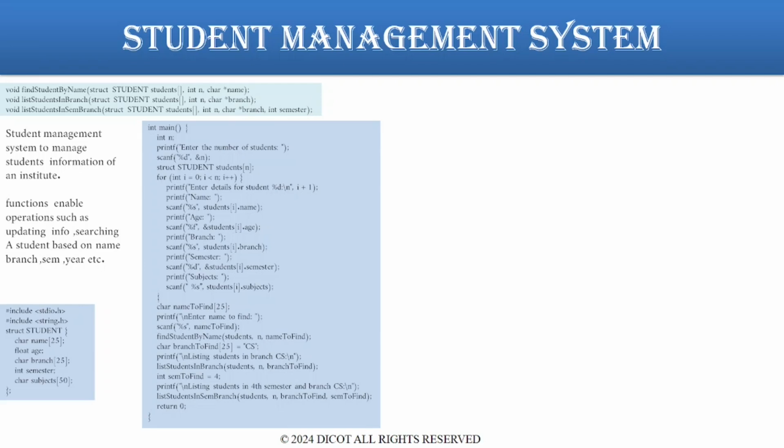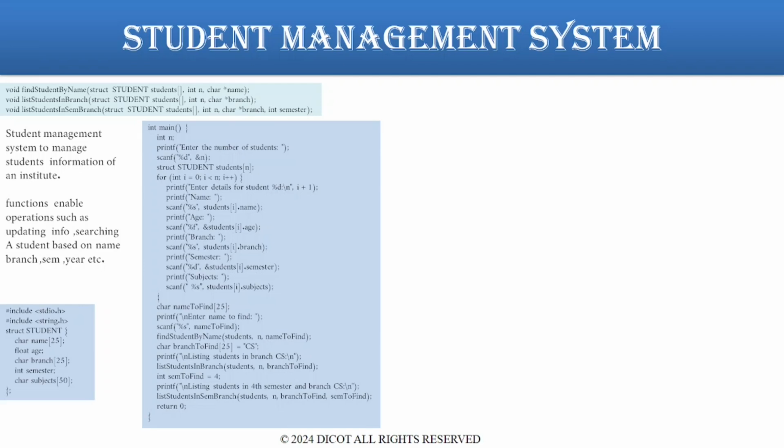Then we run the loop n number of times and initialize information for n students. We are getting details of one student at a time. The student's name, age, branch, semester, and subjects are received from the user and loaded into the members of the structures.